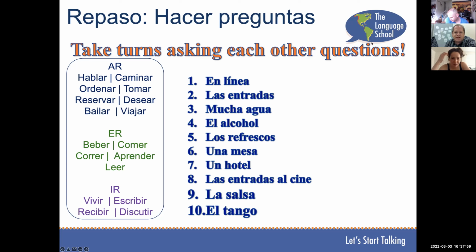¿Qué significa la salsa? Bueno, you could say salsa like chips and salsa, right? Salsa literally means sauce. It's very commonly used to talk about the music salsa. And there's actually a reason why.